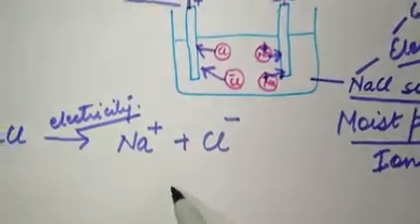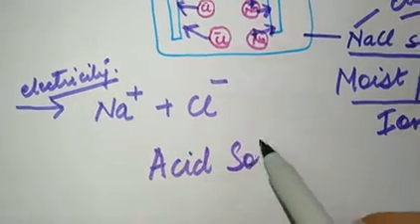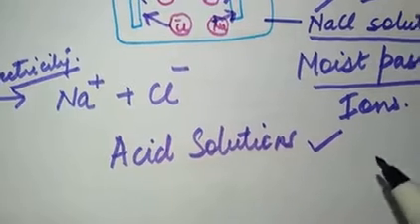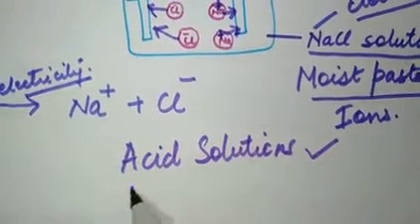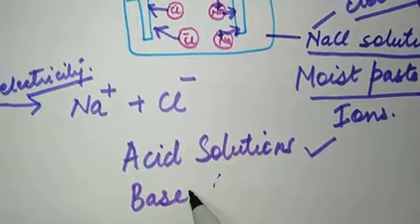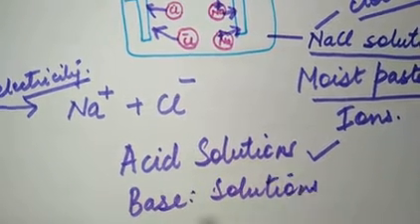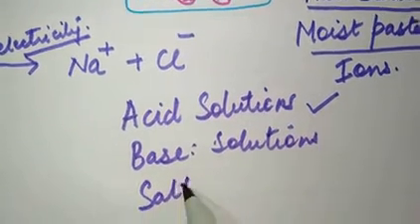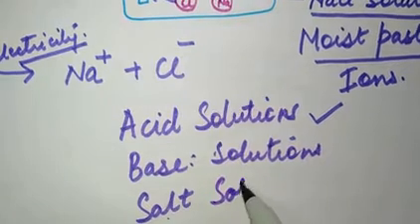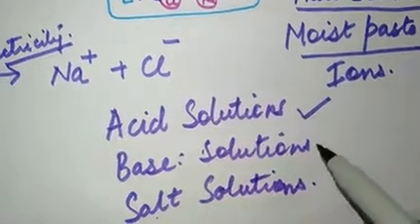Earlier we also did examples: acid solutions, base solutions, and salt solutions. Now we did the example of NaCl, which is a salt. So salt solutions act as conductors.